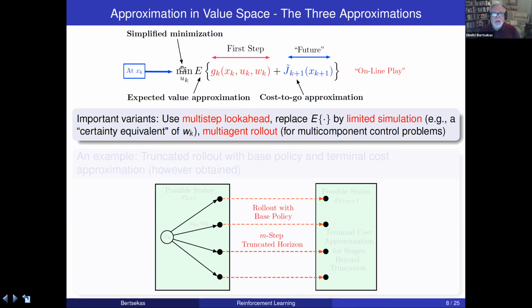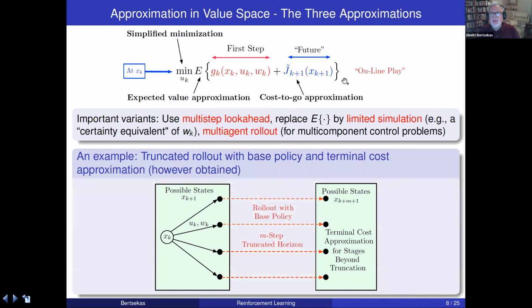And a particular special case to which we're going to pay considerable attention is truncated rollout with a base policy and a terminal cost approximation. We talked about truncated rollout in the context of computer backgammon and AlphaGo in the last lecture. Here is a schematic illustration. We have one step or perhaps multi-step look-ahead minimization in this box here.